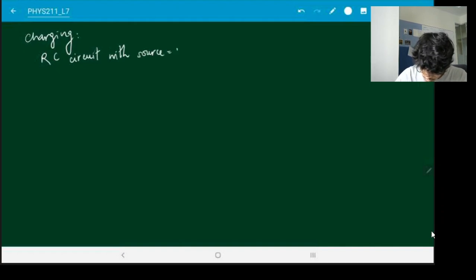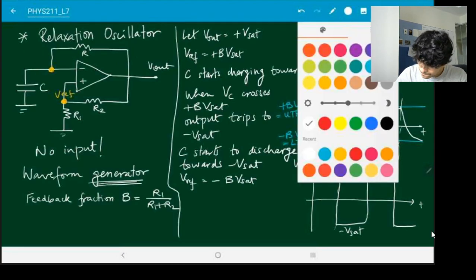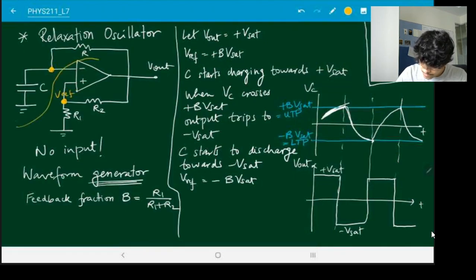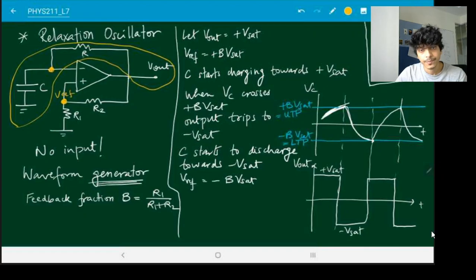So suppose first we are looking at the charging. So in charging we have an RC circuit with source equals plus VSAT. See, in this RC circuit, you have capacitor, you have resistor, and you have your source.